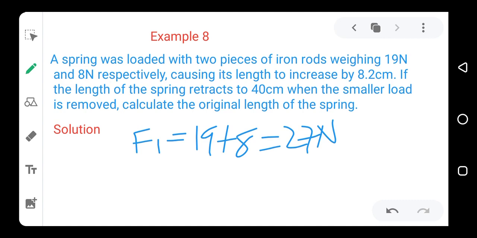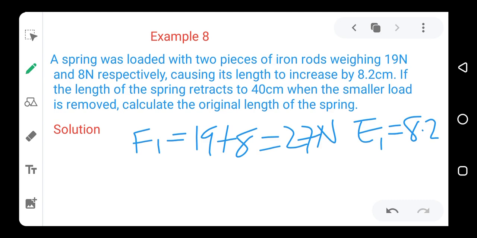Now the extension produced is the increase, so this is the extension produced. So we have E1 already known. If you hear "increase by", take that as the extension and not the length. I've told you the difference between extension and length. So we have E1 as 8.2. Now, if the length of the spring retracts, that is, it compresses now to 40 cm when the smaller load is removed.